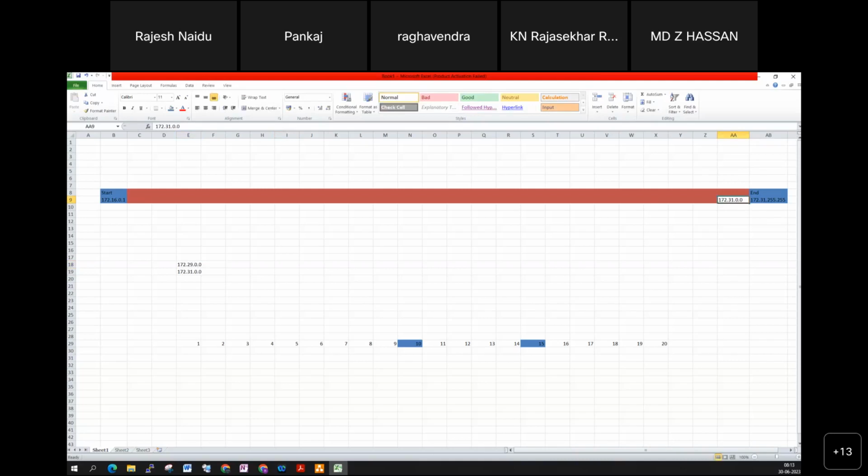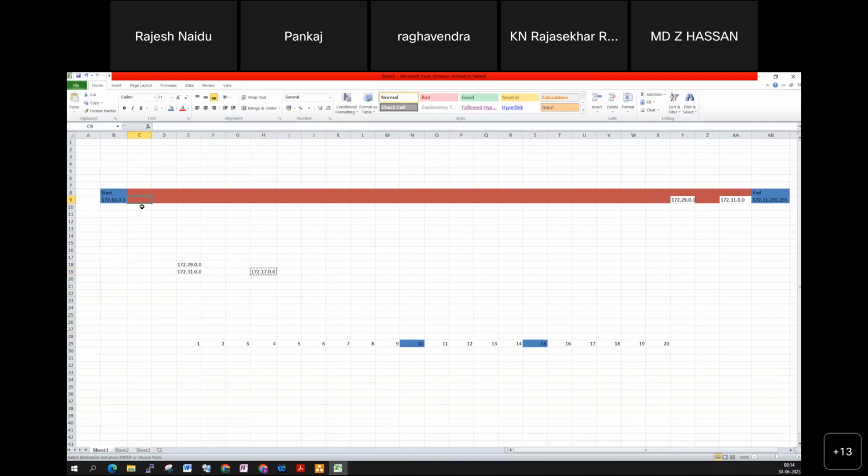Before 31. Now suppose 172.17.0.0. Where will it come? Before 29 and after 16. So where can you place it? After 16, right?